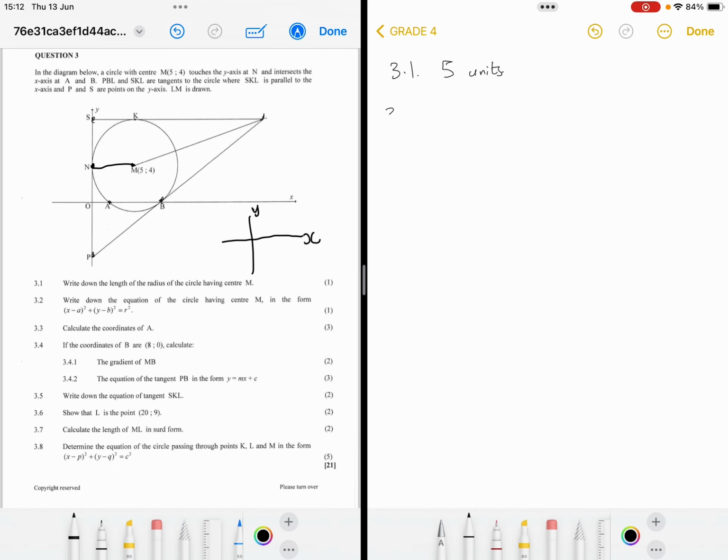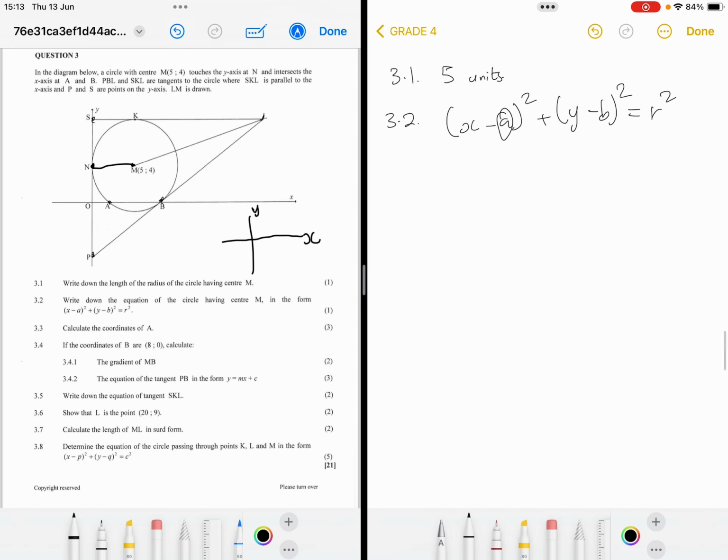Coming to 3.2. Now they say write the equation of the circle having center M in the form (x minus a) squared plus (y minus b) squared equals r squared.